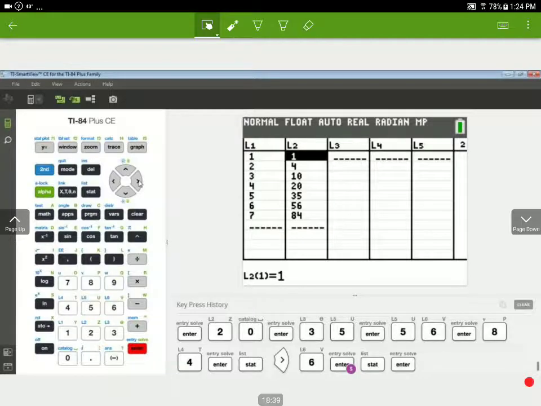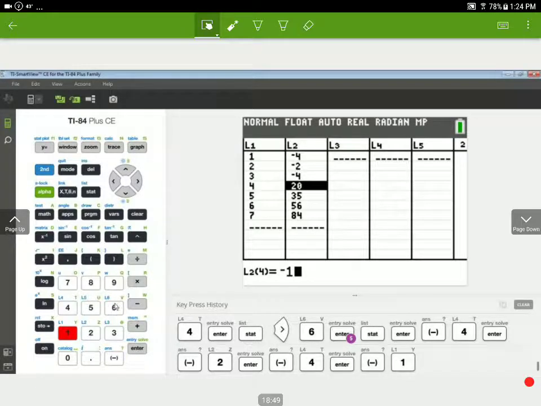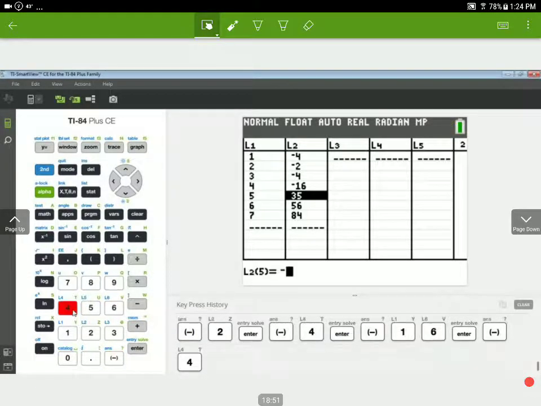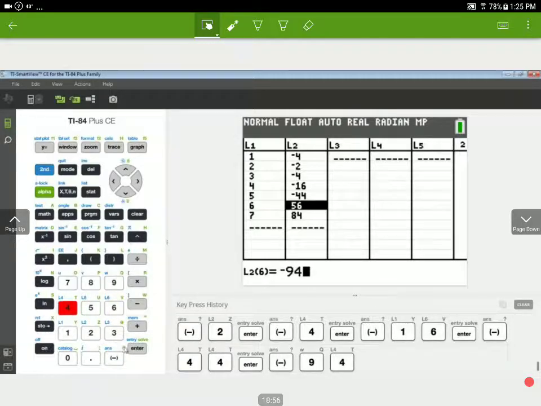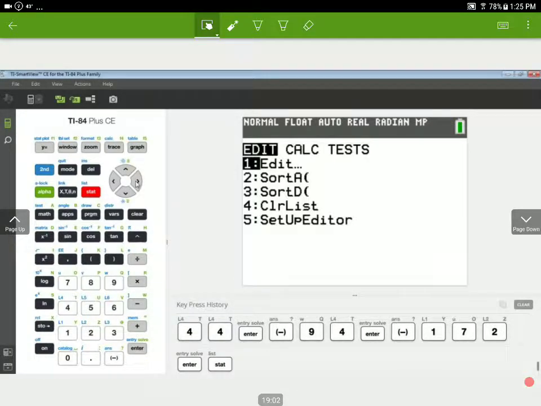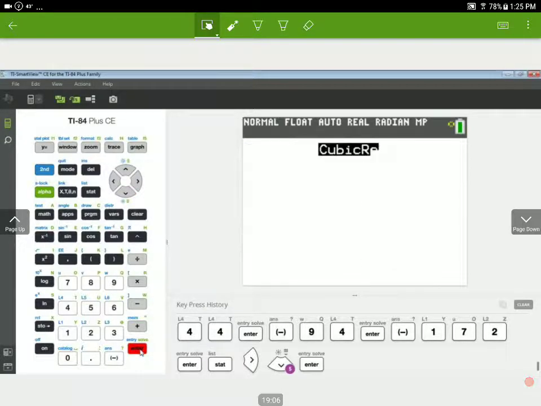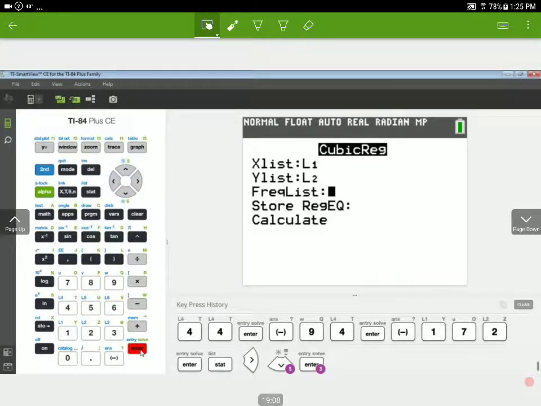I'll need to change those. -4, -4, and -2, and -4, and -16, and -44, and -94, and negative 172. Enter, stat, calculate, cubic. Enter. There we go.